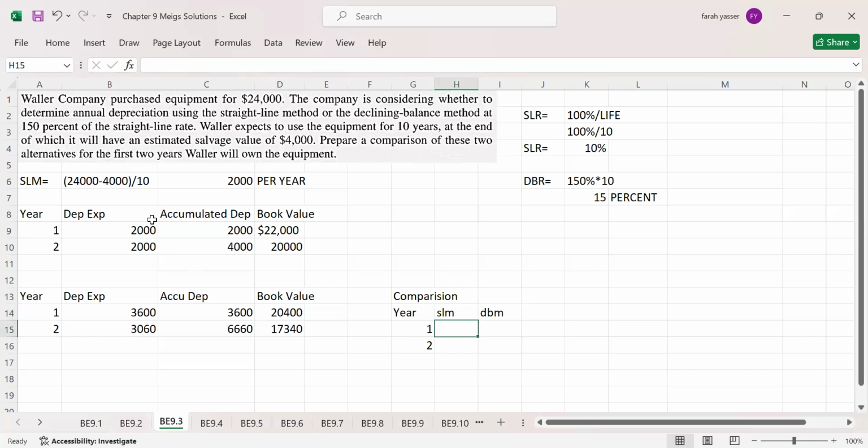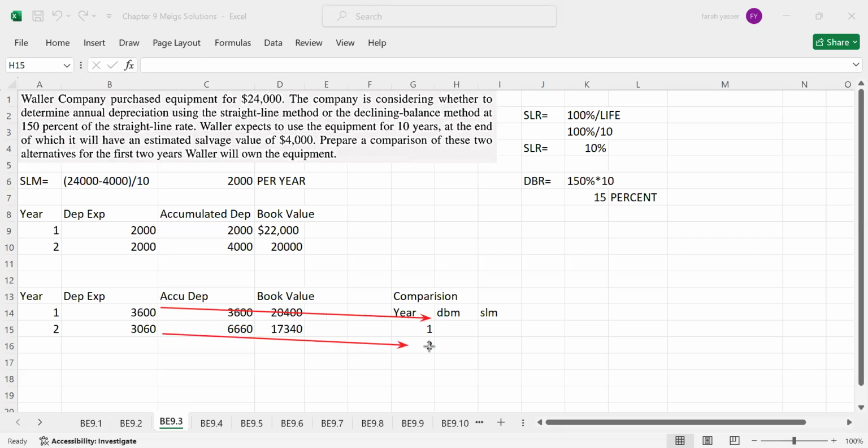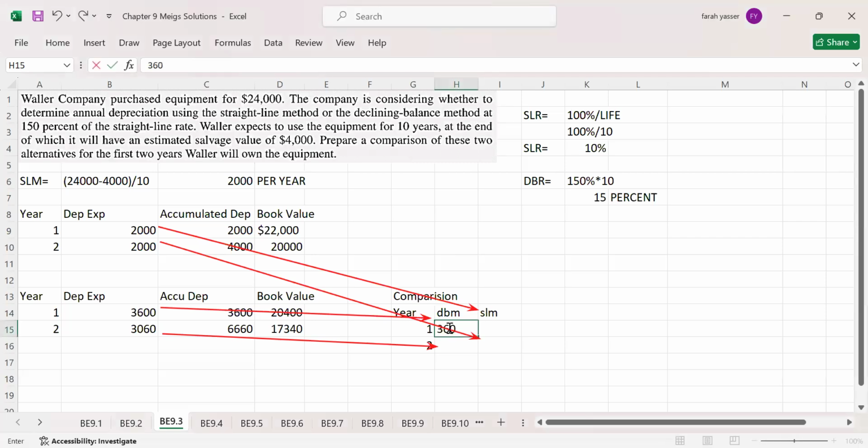Under the declining balance method, first year depreciation is 3600, second year 3060. Similarly, straight line method is 2000 each year. So declining balance method, first year 3600, second year 3060, and straight line method 2000, then 2000.